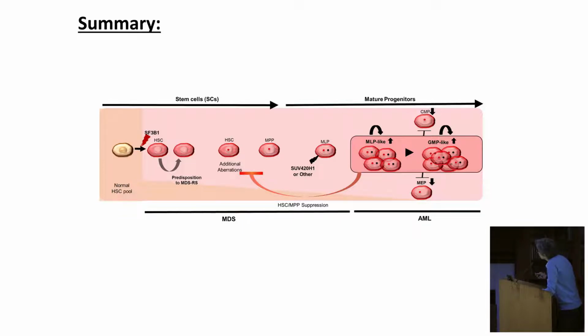As shown before, in the MDS stages, there was indeed SF3B1 and another mutation, for example, but the new mutation was not present in HSC in these patients at AML transformation.